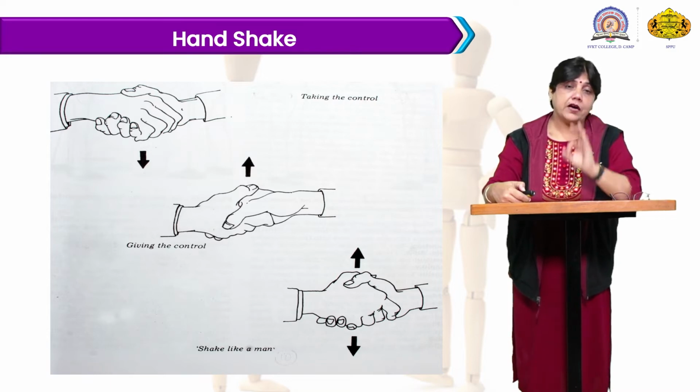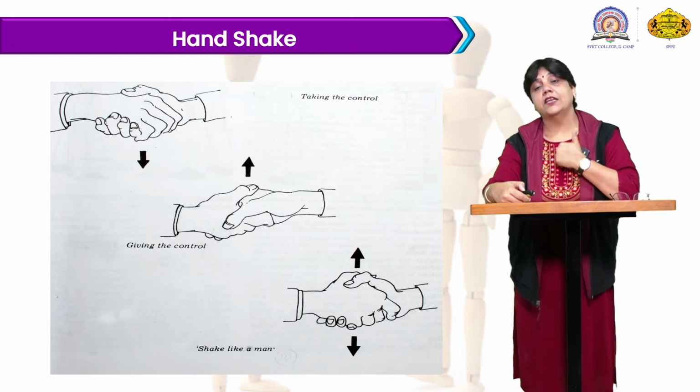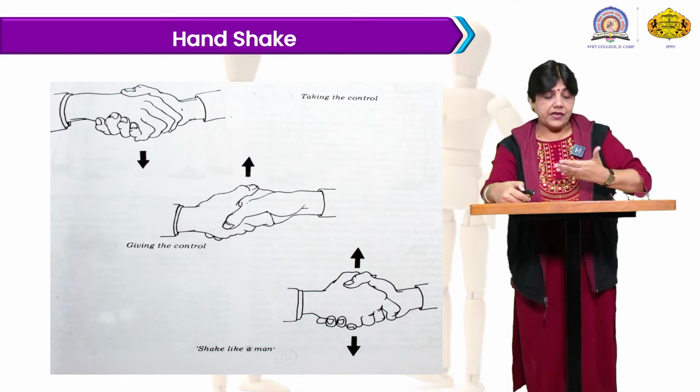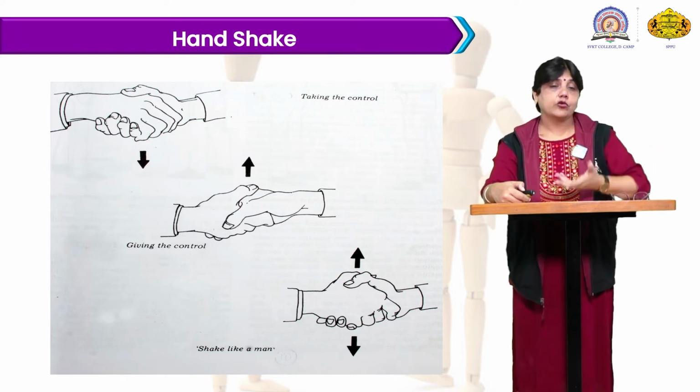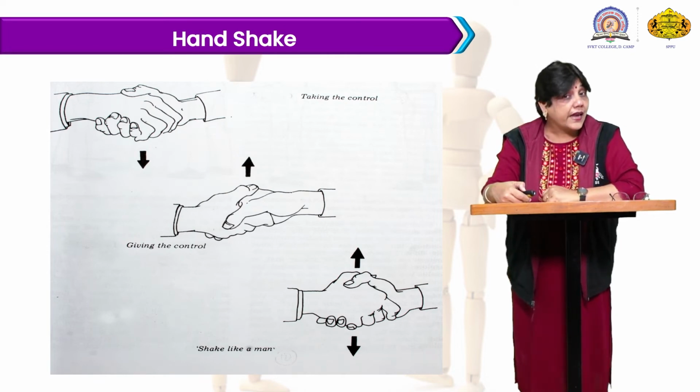You will understand that his handshake is the handshake of a person in control. He never gives his right hand, showing that he is giving his control into somebody else's hand.